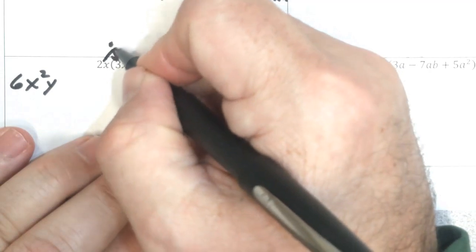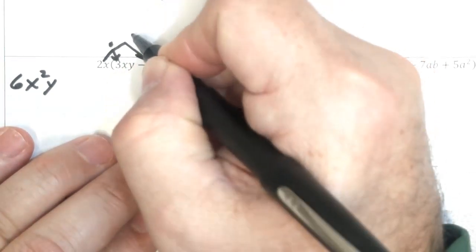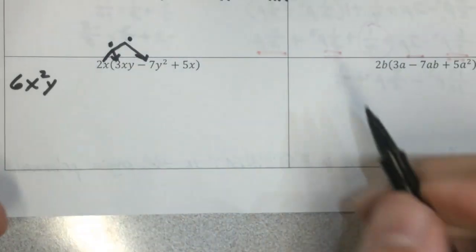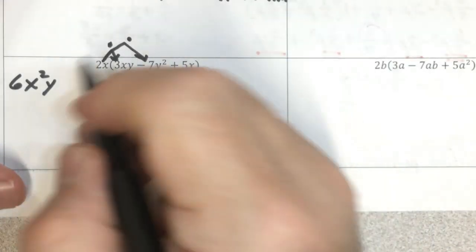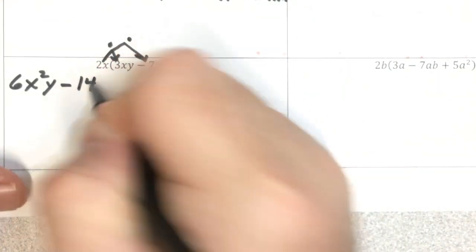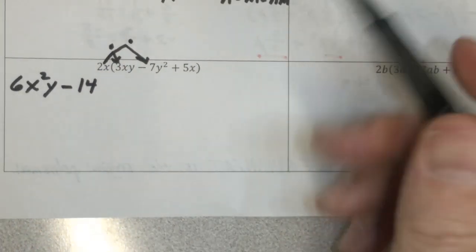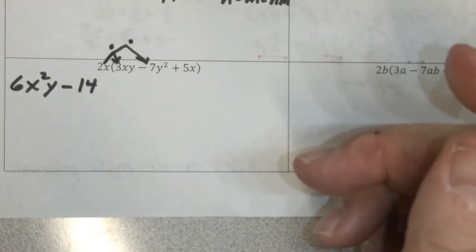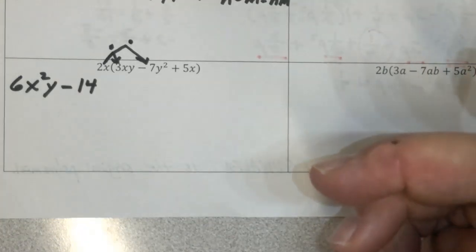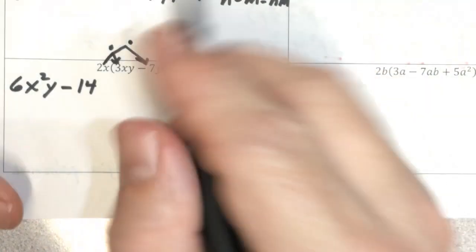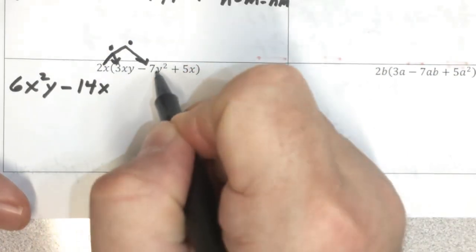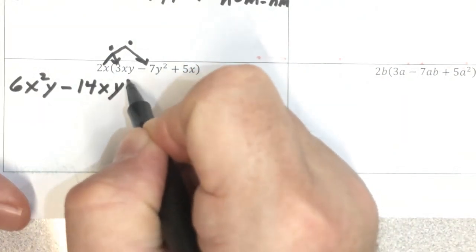Next we have 2x times the negative 7y squared. So 2 times 7, that'll be minus 14, and then that's going to be just x because it doesn't have an x, and then we just put the y squared.